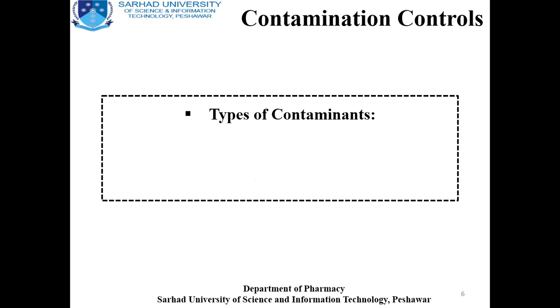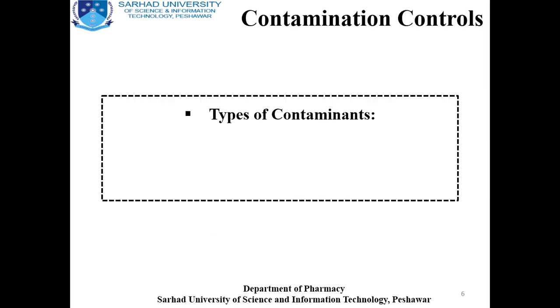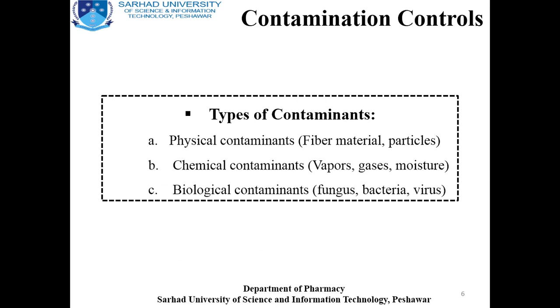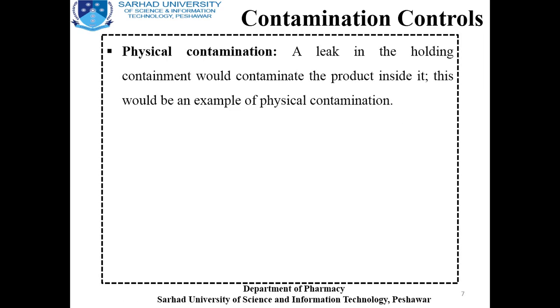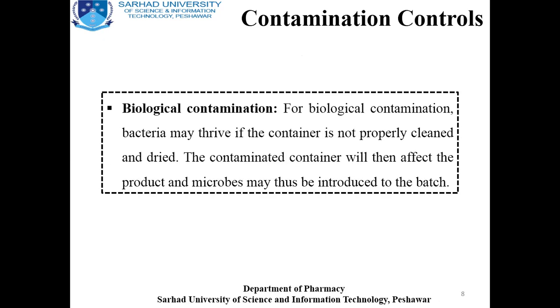I have told you about contamination control: what contamination is, what contaminants are, and the types of contaminants, three main classes: physical, chemical and biological contaminants. Then I told you in detail the suitable examples of physical, chemical and biological contamination if we are working in the pharmaceutical industry.